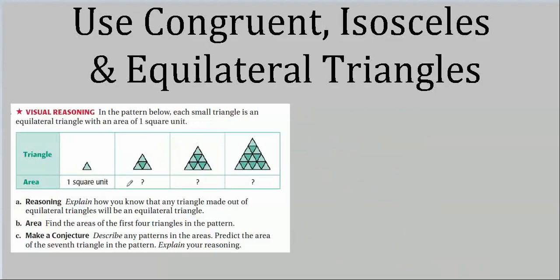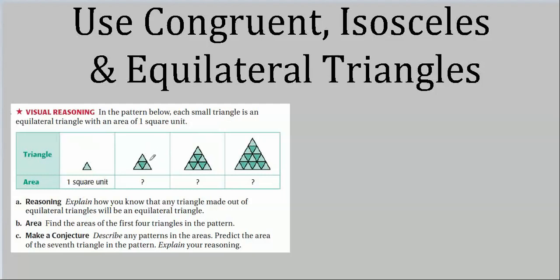If we create triangles this way from other triangles and start with one equilateral triangle, first question, how do you know these other triangles are equilateral? Well, the fact that each component is equilateral is going to help. For instance, this is one side of an equilateral triangle.